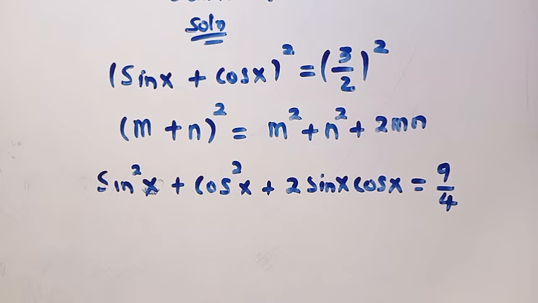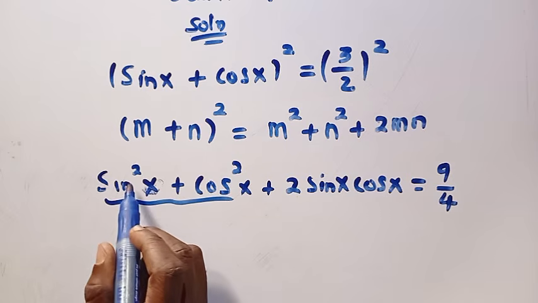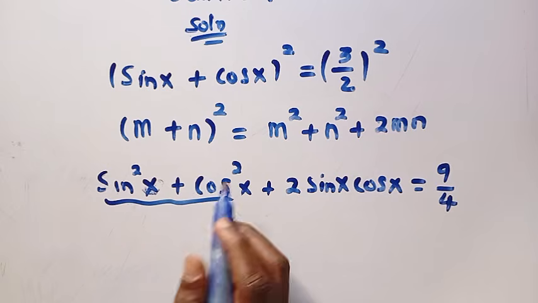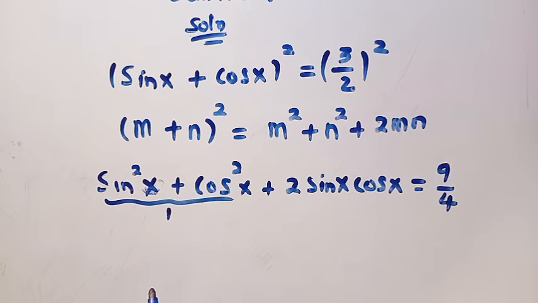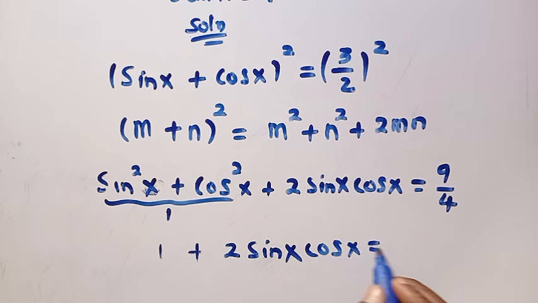And then in the next step, this is an identity: sine squared x plus cos squared x gives us 1. So we have 1 plus 2 sine x cos x equals 9 over 4.